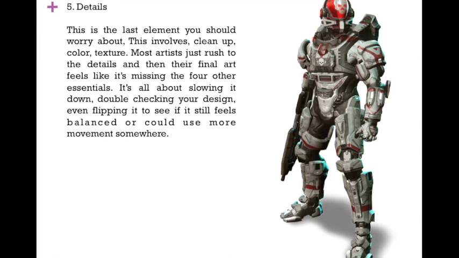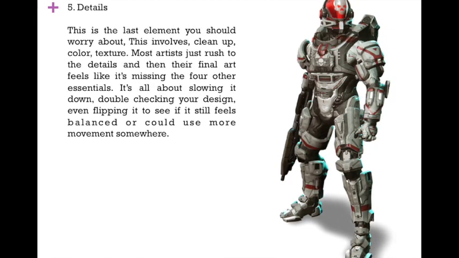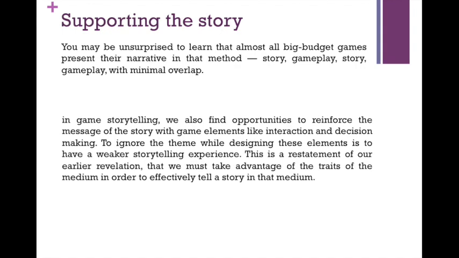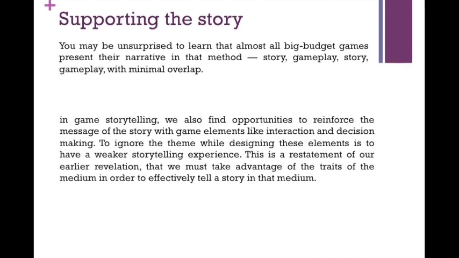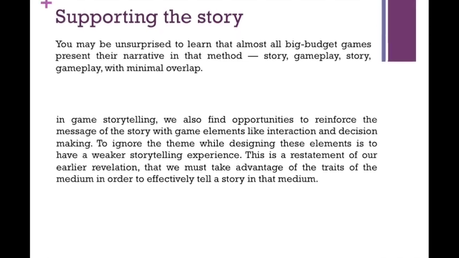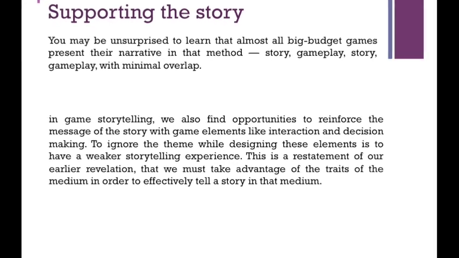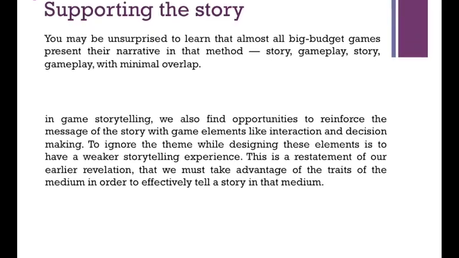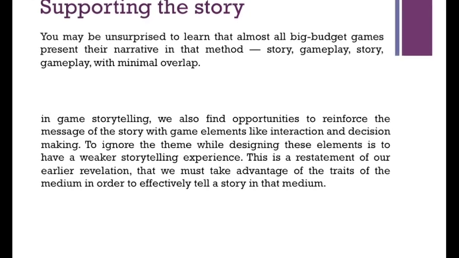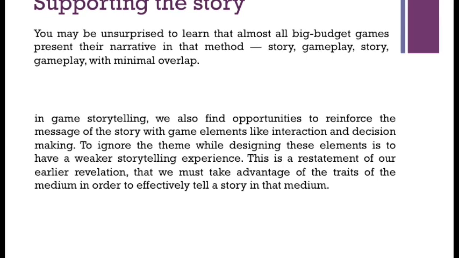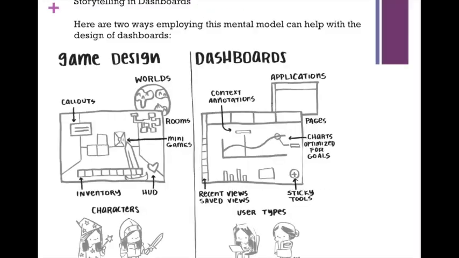Details about the props are also quite important compared to characters. It's actually the same. Supporting the stories are storyline, gameplay, main characters, sub-characters, the villain characters, the props, the secondary props. That's all about supporting the stories.